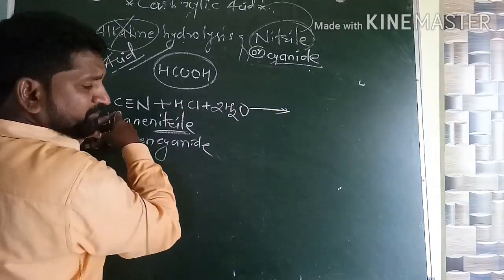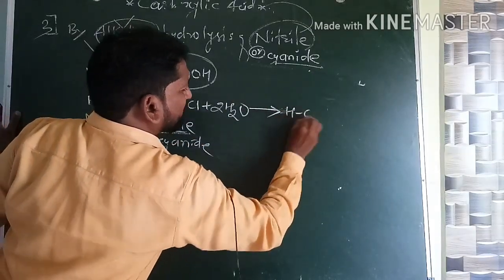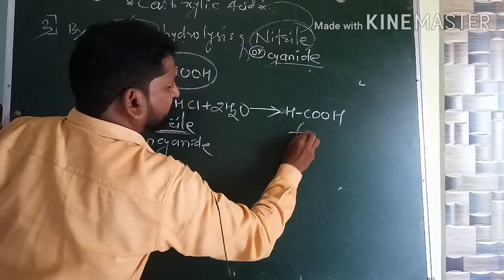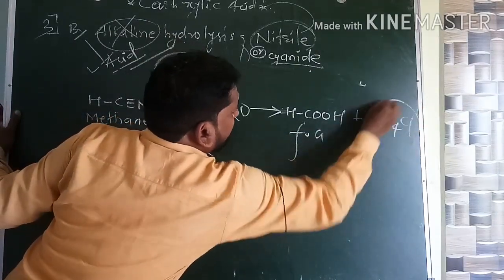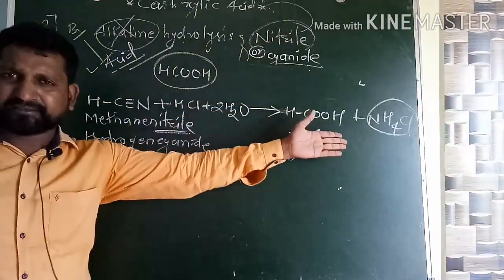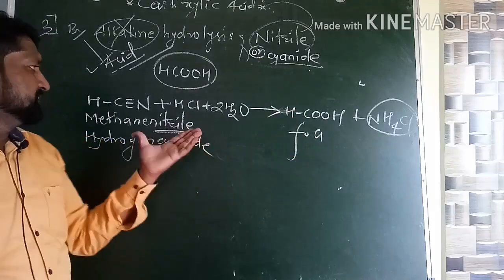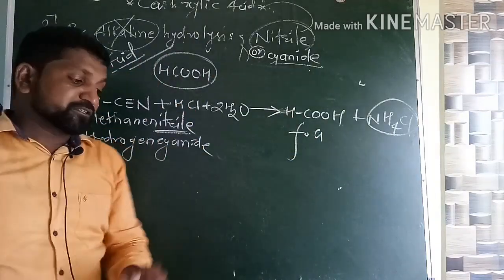See here, one carbon is there, right? An acid having one carbon atom. What is that? No doubt it is FA. FA means formic acid. The byproduct is not so important, but from a balancing point of view, you must write ammonium chloride. Formic acid we get here. What is the problem? Okay, so in this way we can write acid hydrolysis of nitrile also.